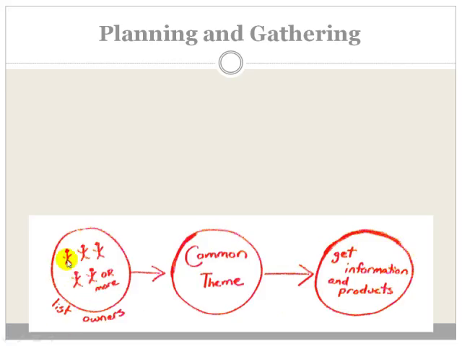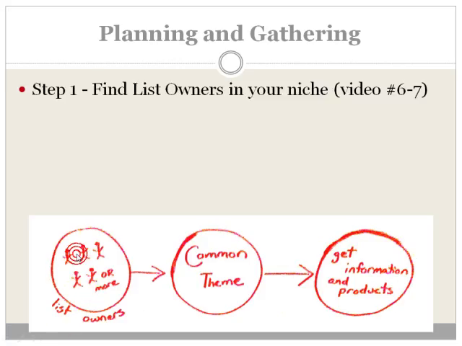The first step is to find list owners in your niche, and I'm going to teach you this in video number 6 and video number 7, because in videos number 2, 3, and 4, I'm actually going to be talking about the 3 different giveaway types. So find list owners in your niche, but I want to make sure that you realize that when I say niche, I mean a very, very specific niche.